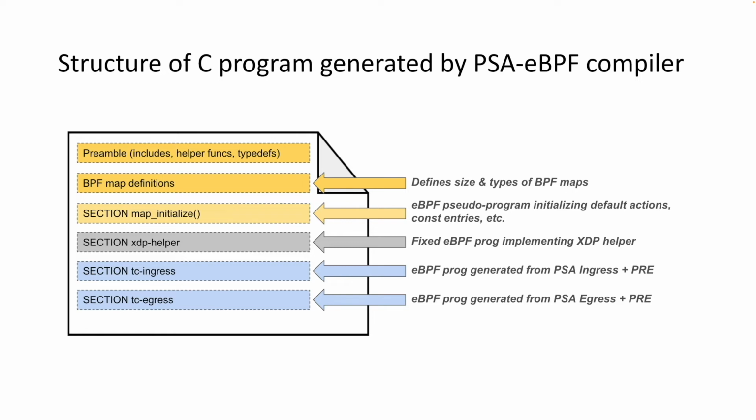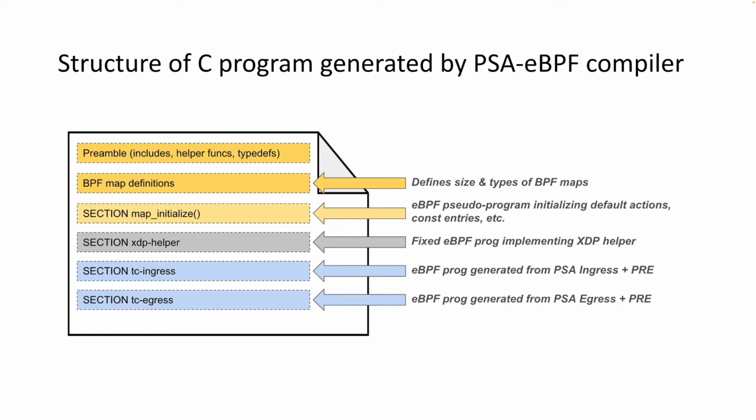Then we have the XDP helper section that implements the XDP helper which I introduced in the design section. Then we have 2 sections that implement P4 programmable packet processing.